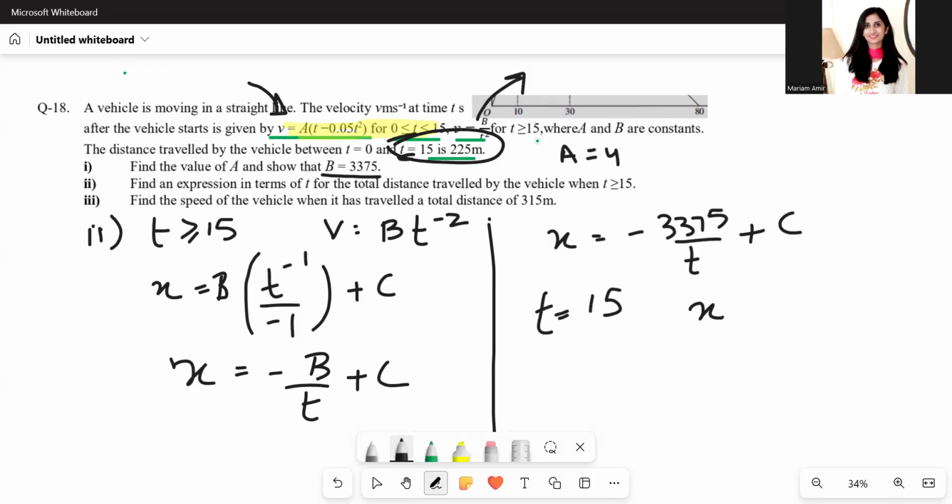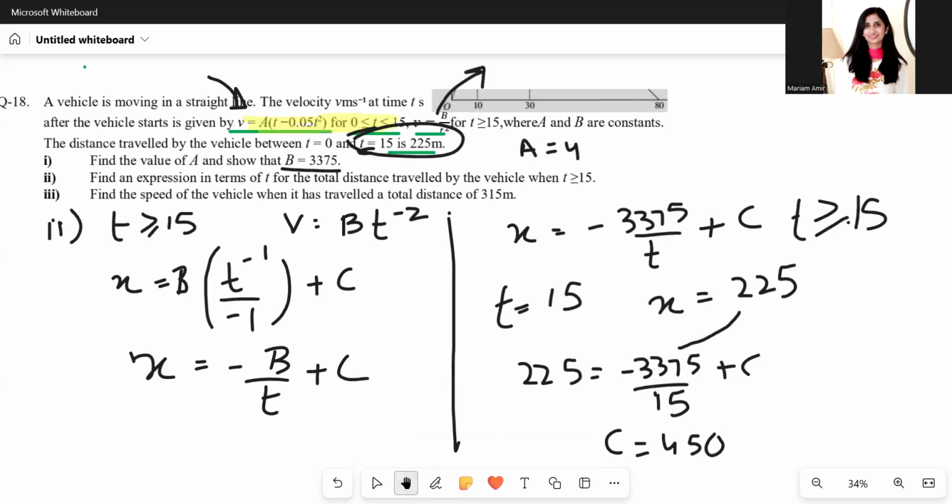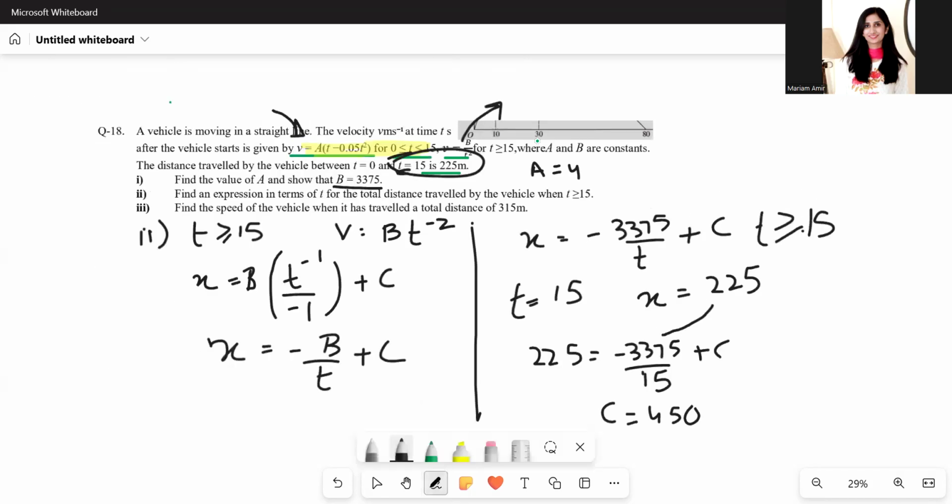So we're going to use that because this expression is true for t greater than or equal to 15. So at time equals 15, x is 225. We substitute these values here: 225 equals minus 3375 upon 15 plus c. This will give us c equals 450. So the expression for x would be minus 3375 upon t plus 450.